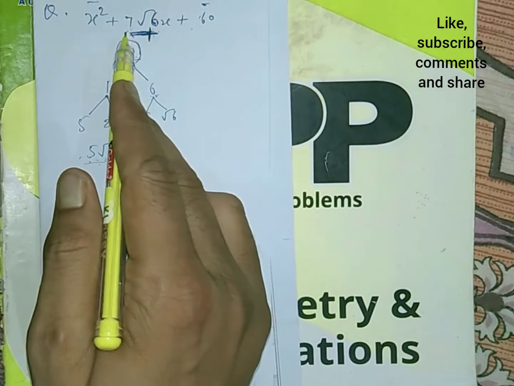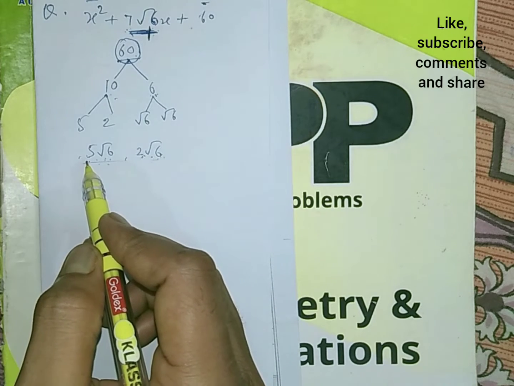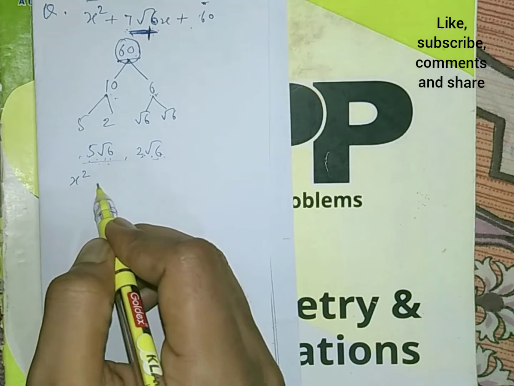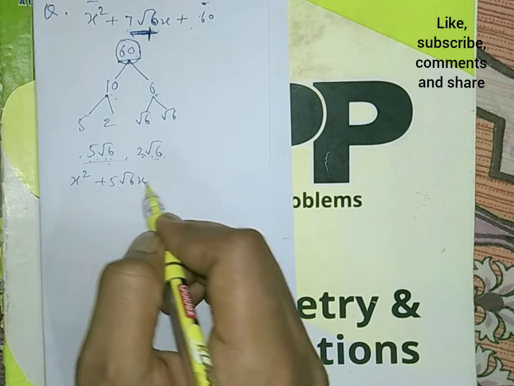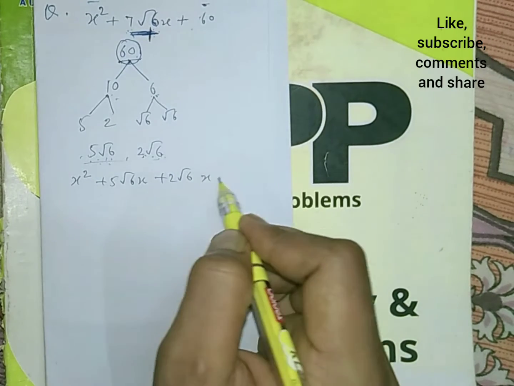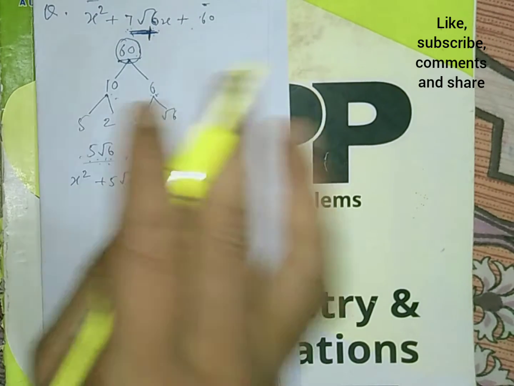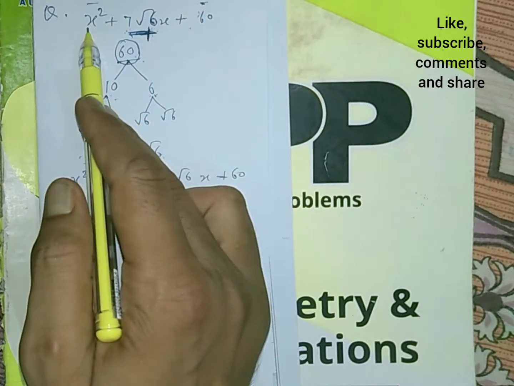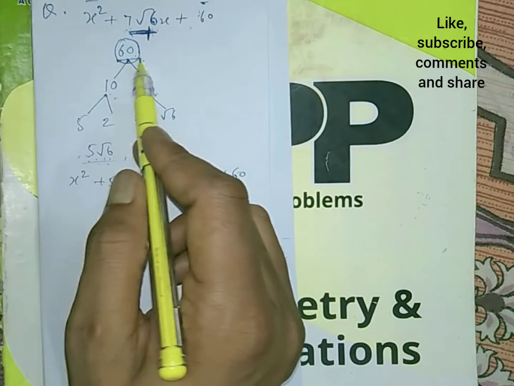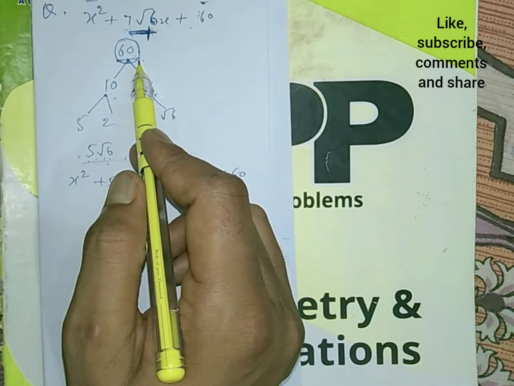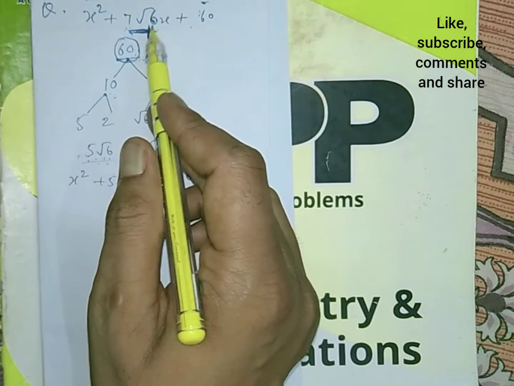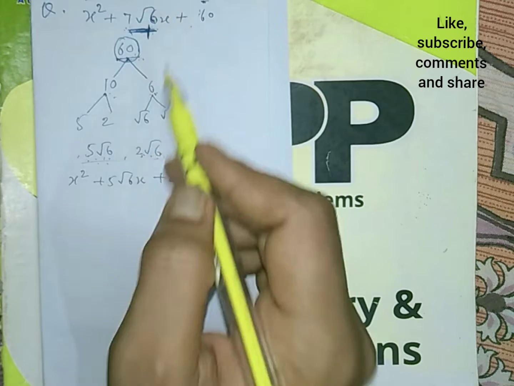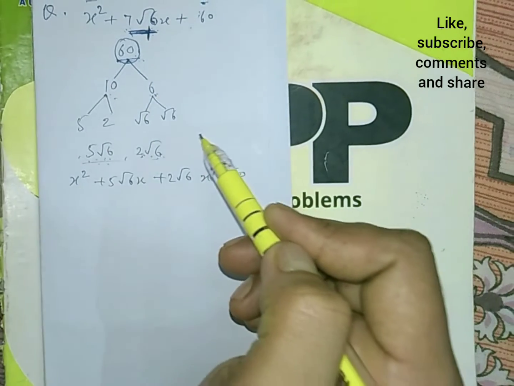So write 7 root 6x instead as x square plus 5 root 6x plus 2 root 6x plus 60. This is very important. Listen again carefully. Here 60 is given because of the multiplication of the first term and third term, and you have to split this 60 such that this root part comes in these factors.